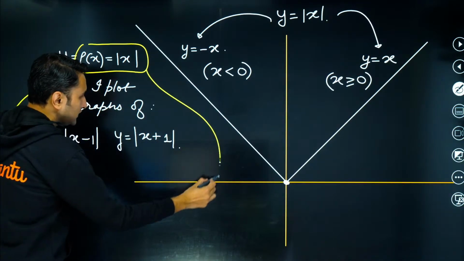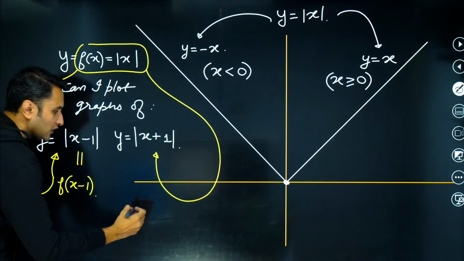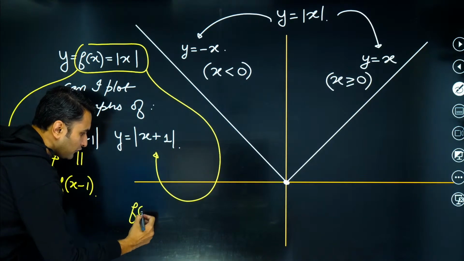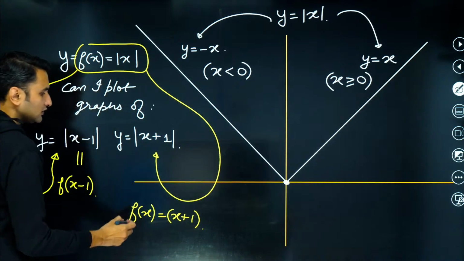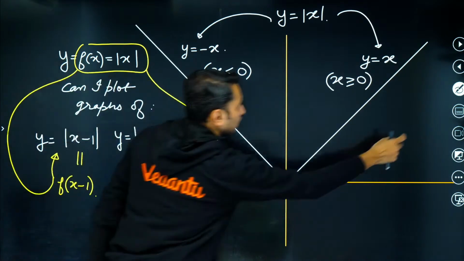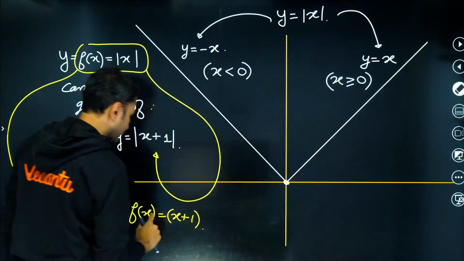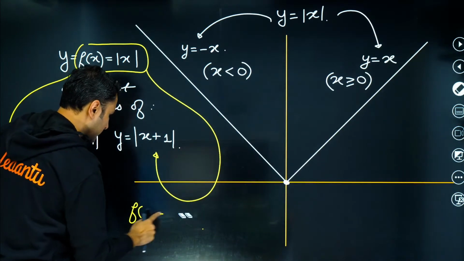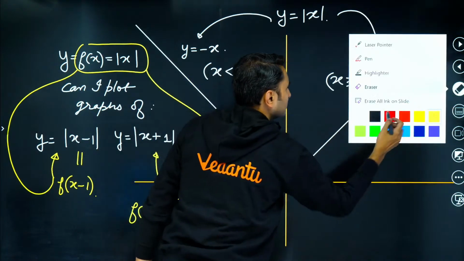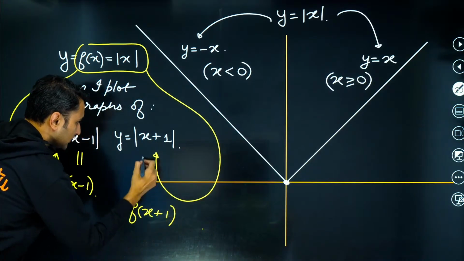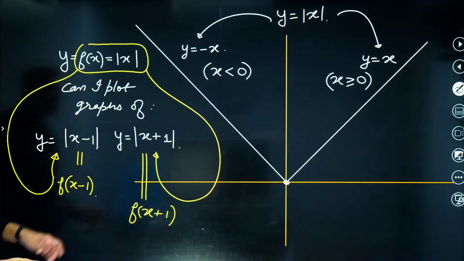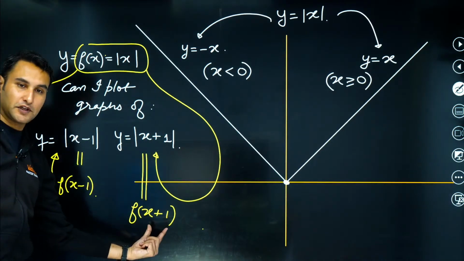Now, to reach here, what have you done? You have written f of x plus 1. Sorry, my bad. This is f of x plus 1, which is equal to this, right? So in the place of x here, you have put an x plus 1.